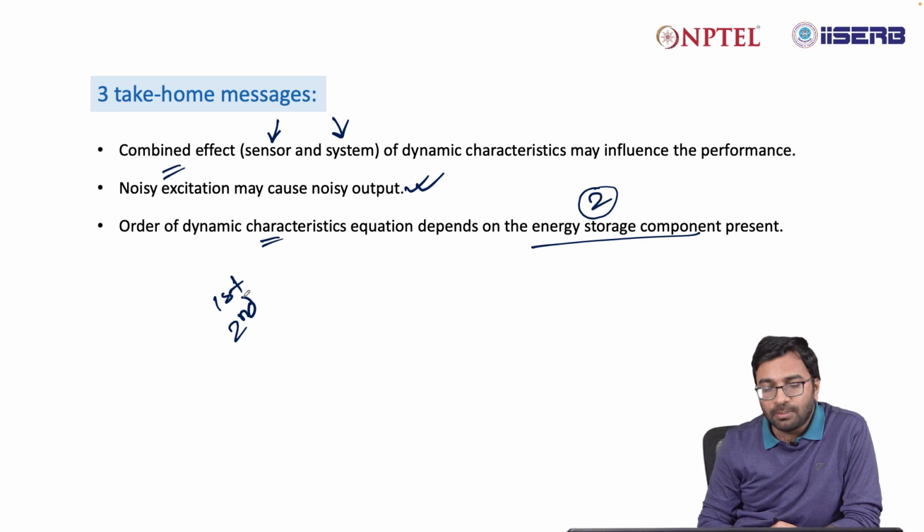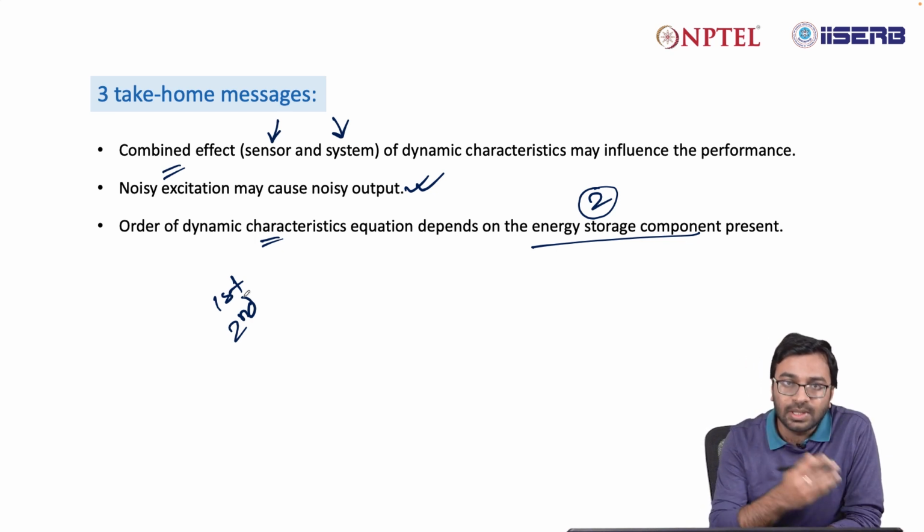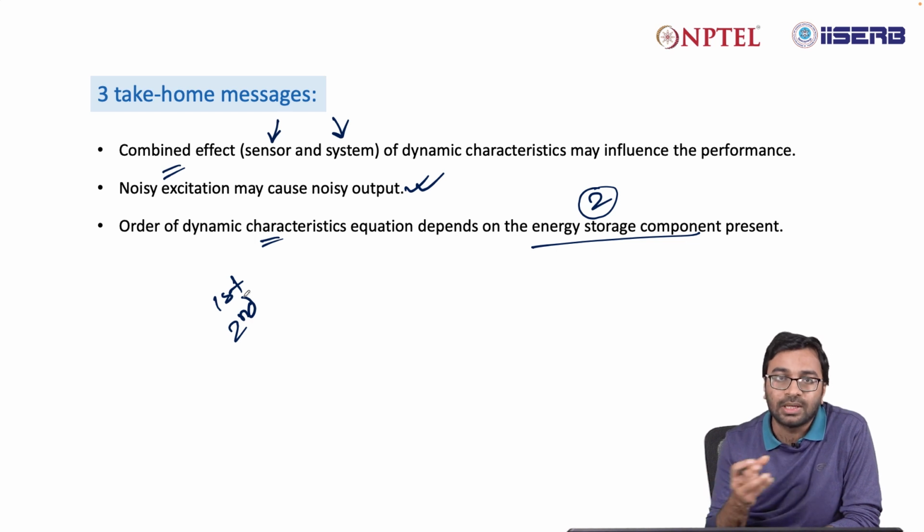So the order depends on the energy storage components present in your sensor or system. In case of a sensor, it's not necessarily energy storage components like capacitance, resistance, but the energy storage component equivalent, as I have said, say mass, spring, or say thermal capacitance, and so on and so forth.